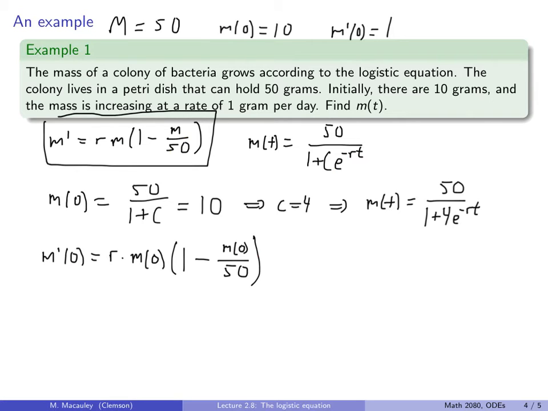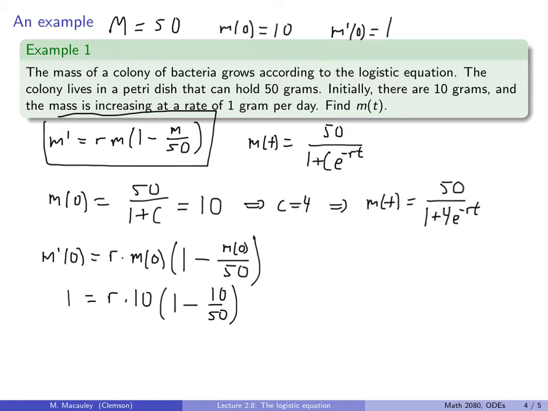So we get 1, that's m prime of 0, equals r times 10 times 1 minus 10 over 50. Let's just write it out, and let's be very careful with fractions. It's easy to mess this up.